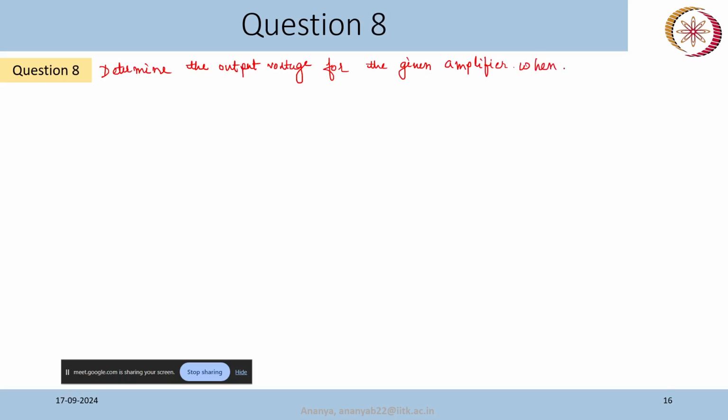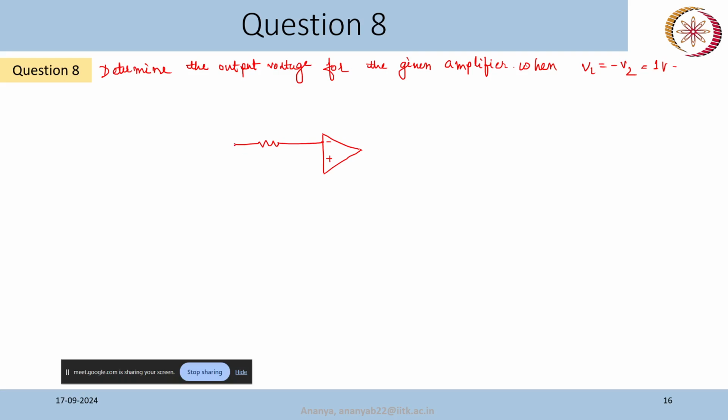The condition is when V1 is equal to minus V2 is equal to 1 volt. Let me draw the amplifier. Let me draw the circuit, open circuit. So this is negative, positive. So it's a differential amplifier.